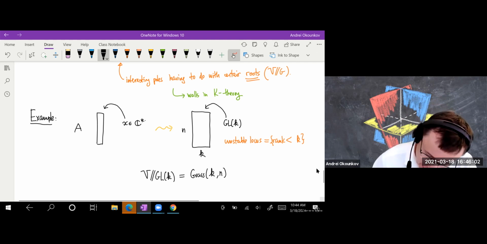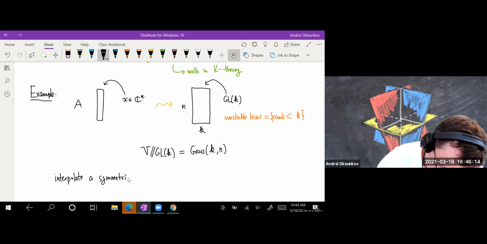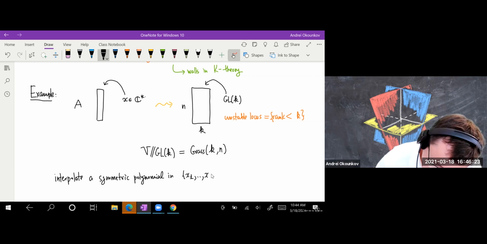And then the corresponding interpolation problem is also a very classical one. Interpolation means to interpolate a symmetric polynomial in variables x1 through xk.